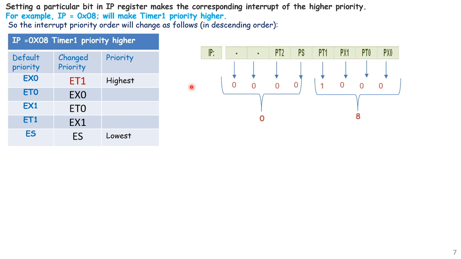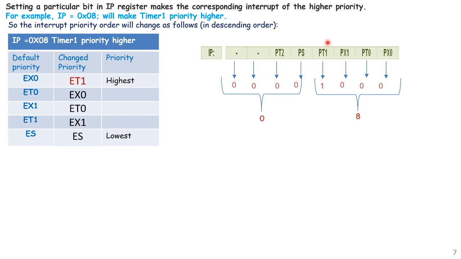one interrupt. Here you see the default priority, so highest to this and lowest to this. But as we change the value loaded in IP to 08, the 8 means this 1 is here, which now has the highest priority.